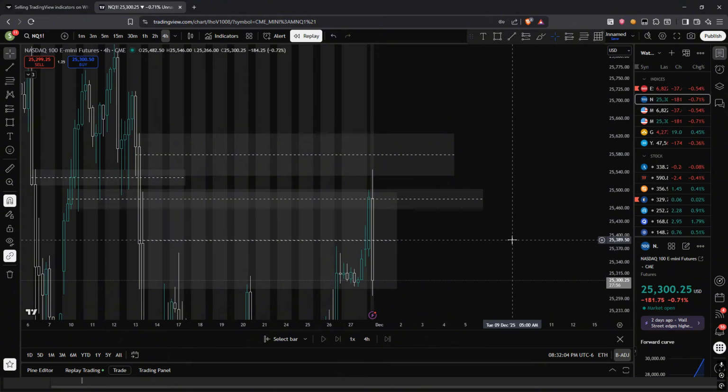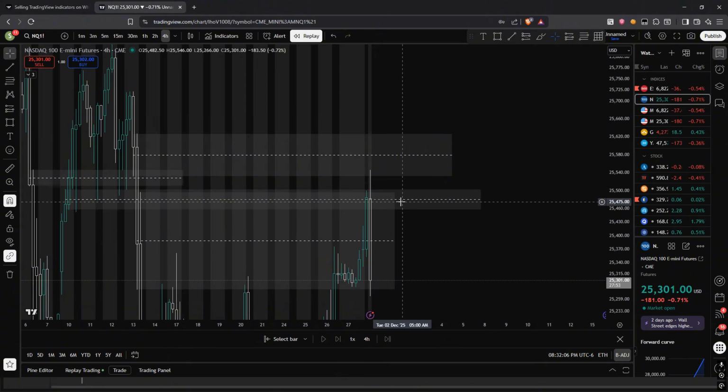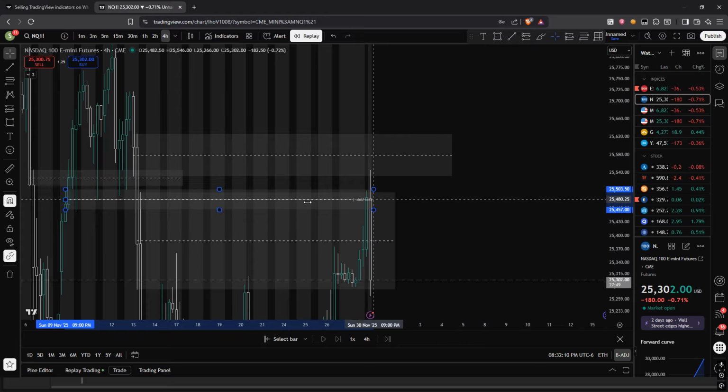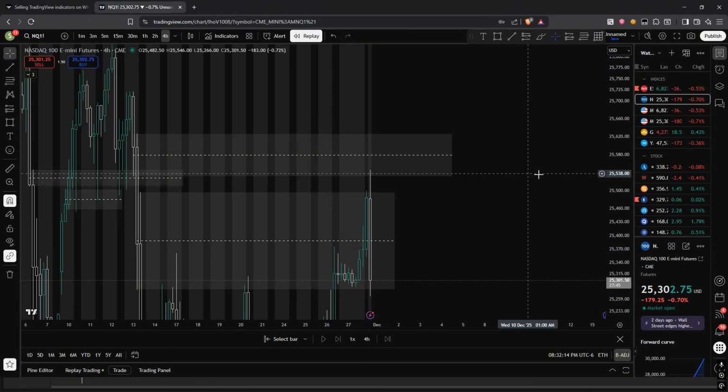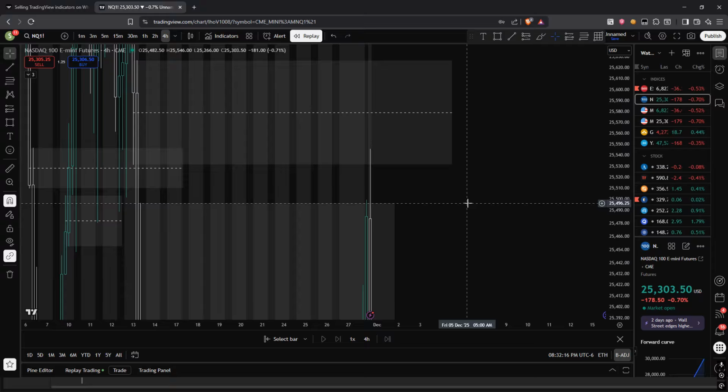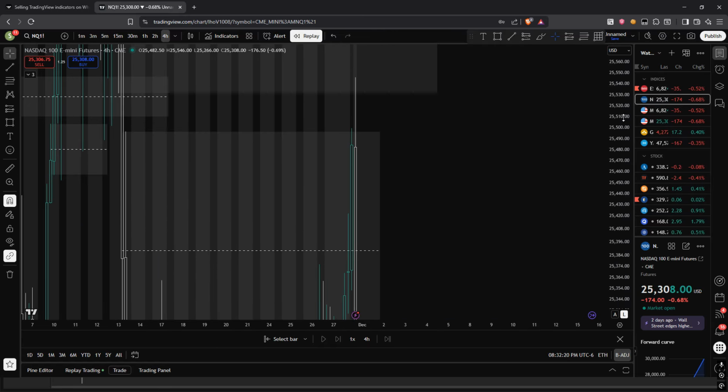So you can see here, if we just ignore this inverse Hippo for a little bit, we didn't have a full candle closure above this Hippo block.